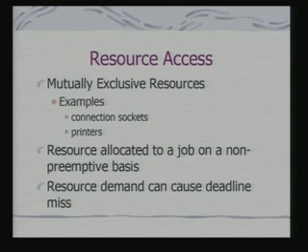And this resource demand and the conflict due to resource demand can actually cause deadline miss. And also, priorities of the processes that have been assigned depending on the periodicity or the deadline may not be valid and may not be schedulable according to these priorities because of these resource demands.